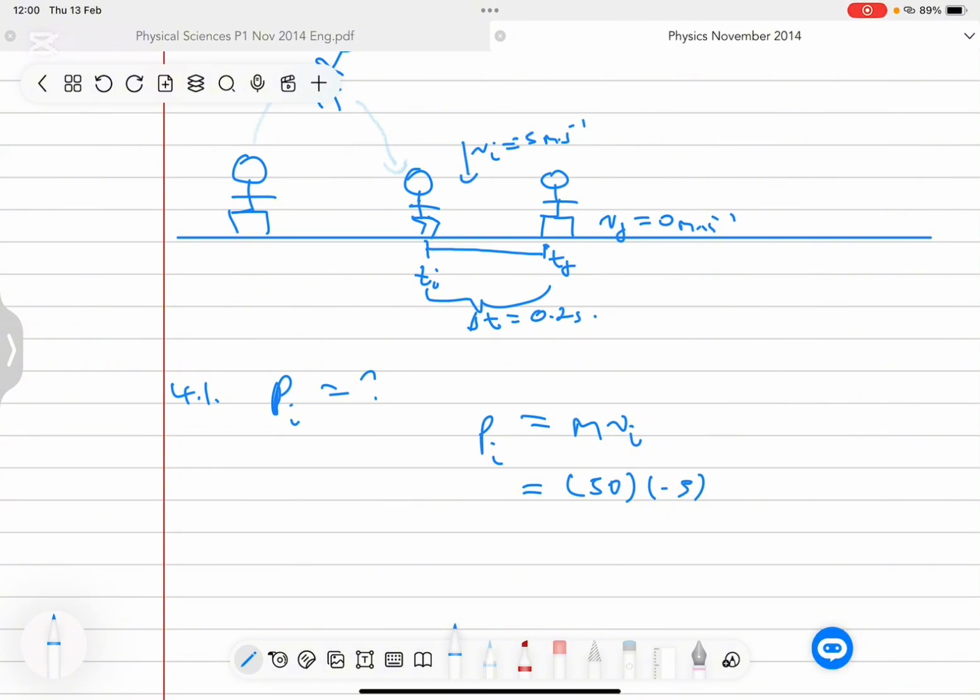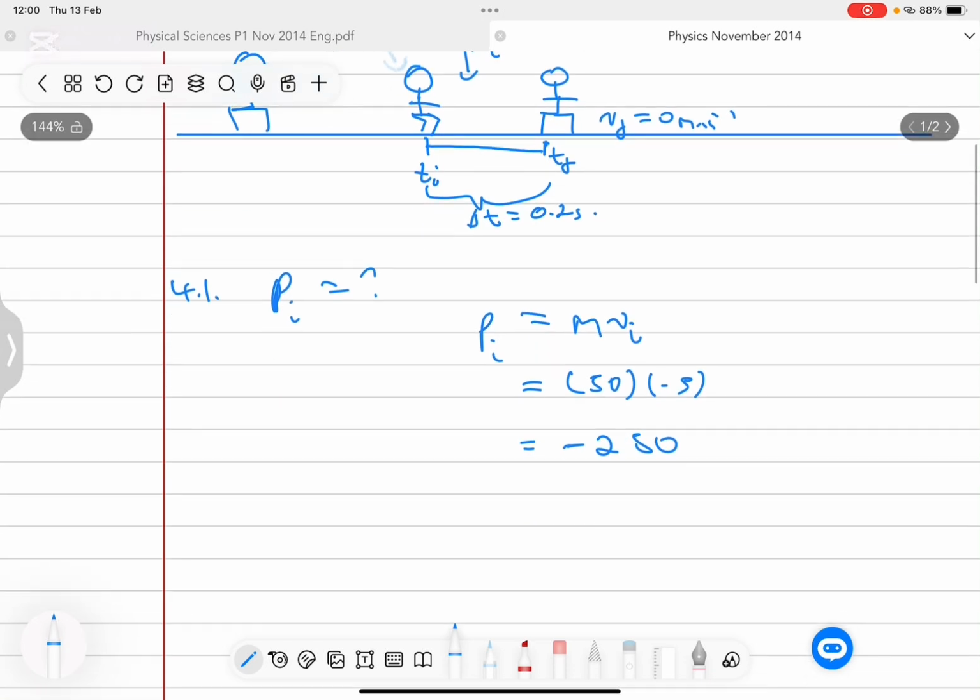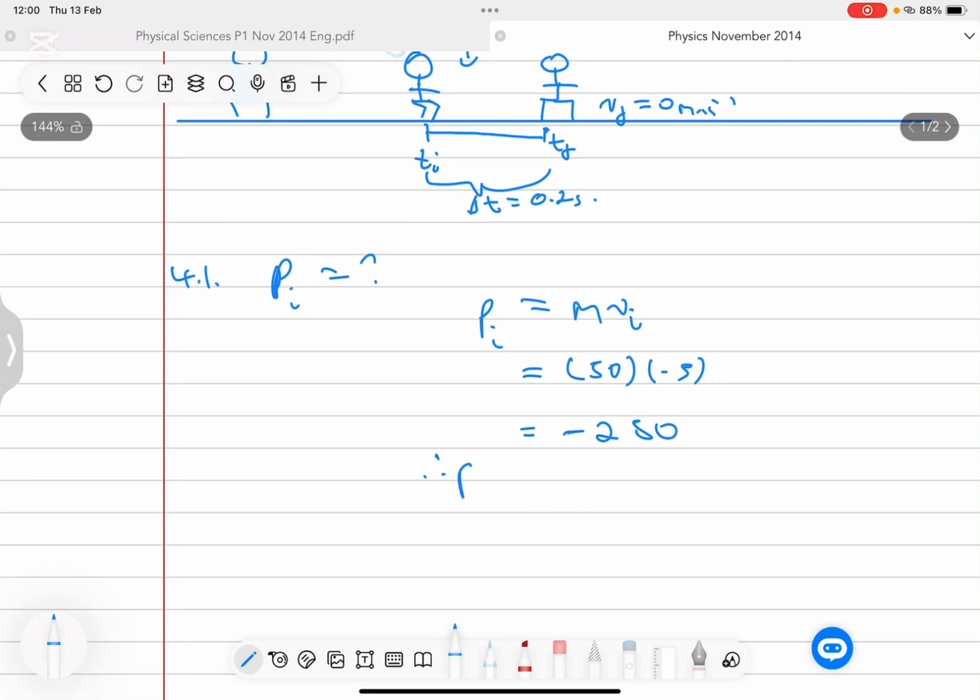Now from here, this question becomes very boring, because we just use our calculator to find the answer. In fact, even if you look at these numbers, they don't really need a calculator. You can do them in your head, because 50 times 5 should give you a negative 250. Our final answer would therefore be the initial momentum given by 250 kilogram meters per second downwards.